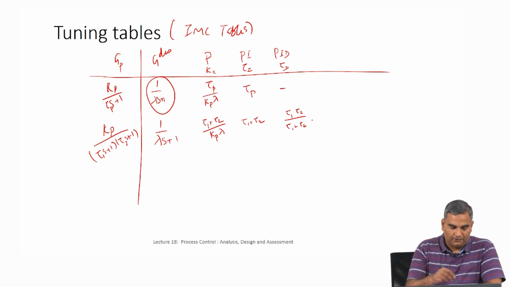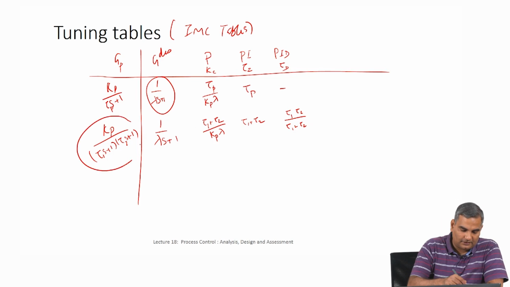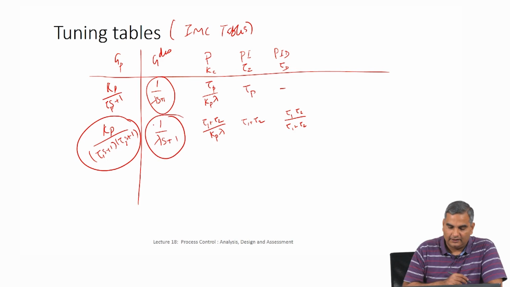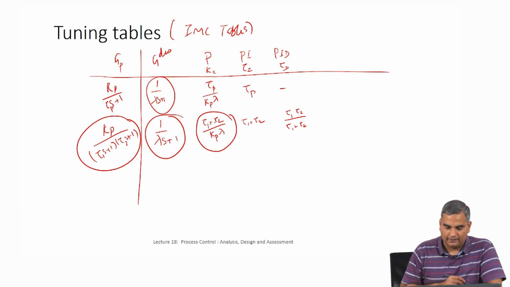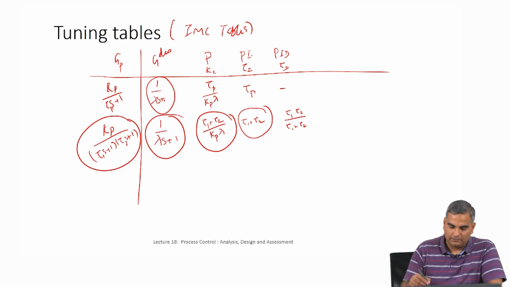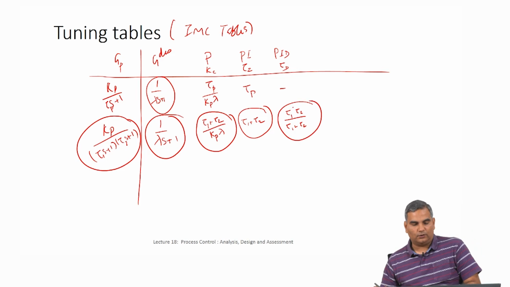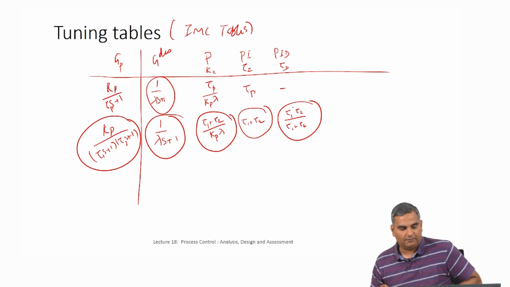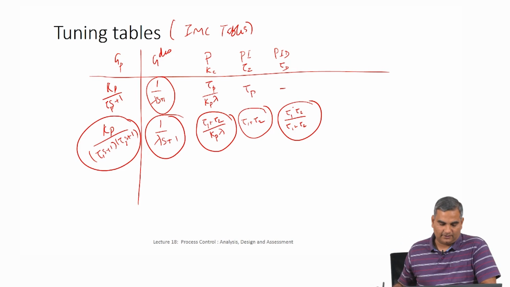So now the way that you interpret this is, if your transfer function turns out to be this and you want this desired transfer function, then if you are going to tune a PID controller, you should have tau 1 plus tau 2 by Kp lambda as the P term, tau 1 plus tau 2 as the PI term or I term, and this as the D term, tau D, tau 1 tau 2 divided by tau 1 plus tau 2.